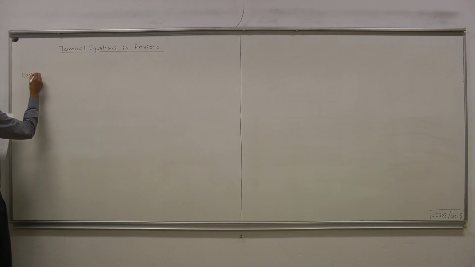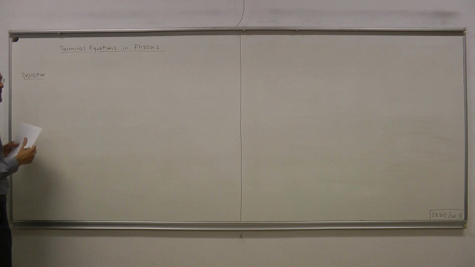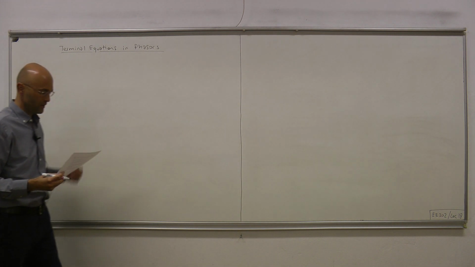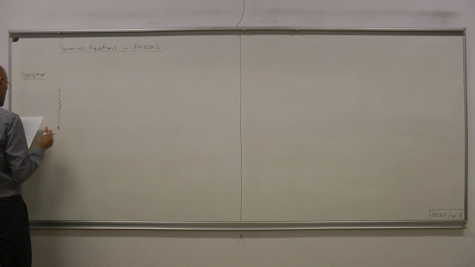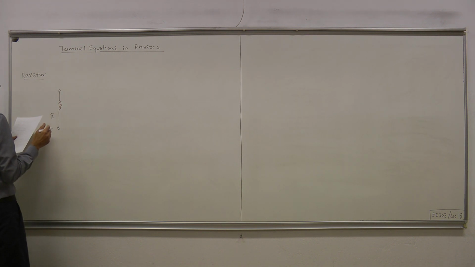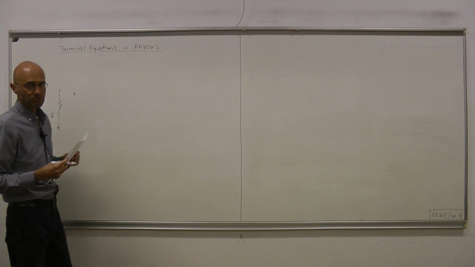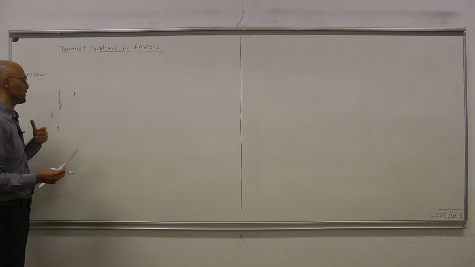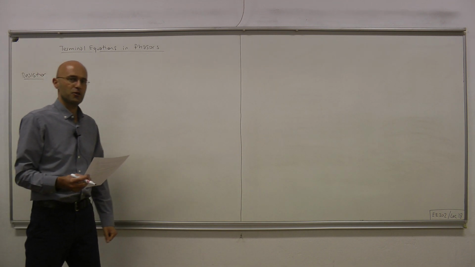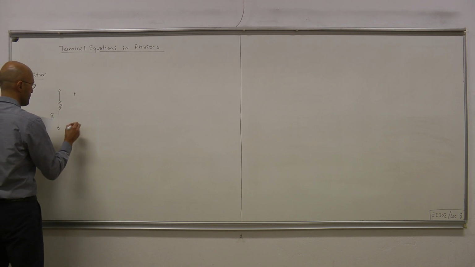Okay, suppose that we have a resistor somewhere in a circuit with resistance R, and that circuit is in sinusoidal steady state. Therefore, this component is part of a circuit that's in sinusoidal steady state.